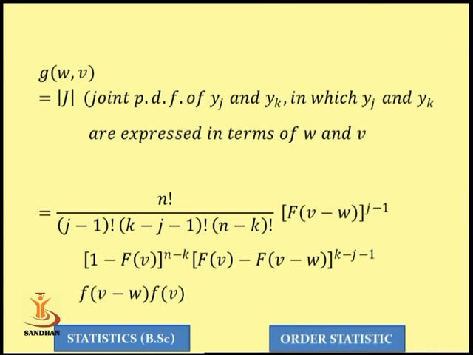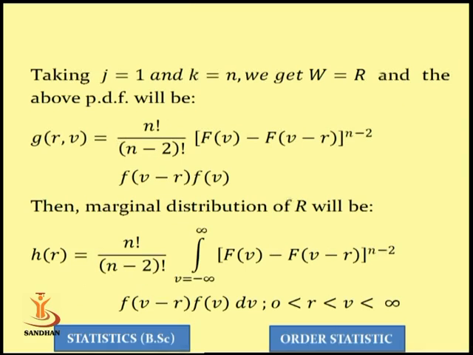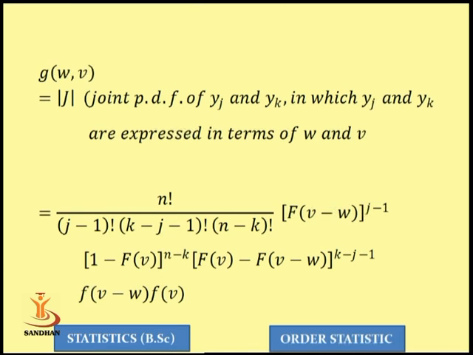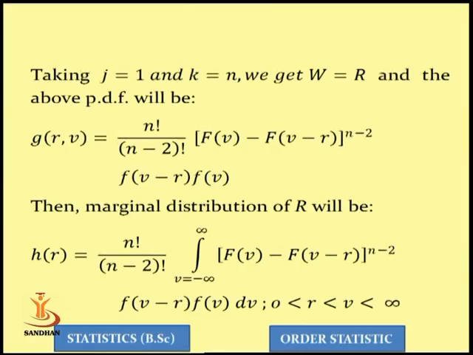Now because you have to take j as 1, if you take j equal to 1 here, you have 0 factorial. Similarly, if you take k equal to n, the last factorial term is also 0 factorial, and the middle one is n minus 1 minus 1, so it will be n minus 2 factorial. So your first quantity is n factorial upon n minus 2 factorial.